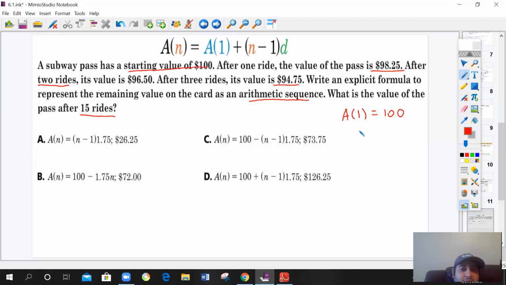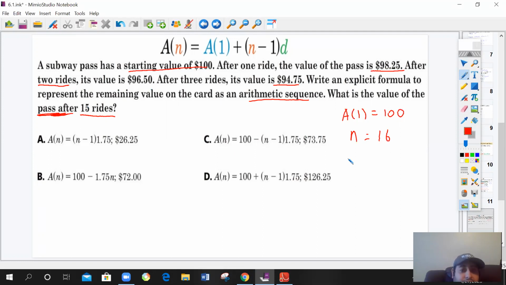So our n has to be, you need the pass after 15 rides, so then we're going to have 16. So we have 16 here.